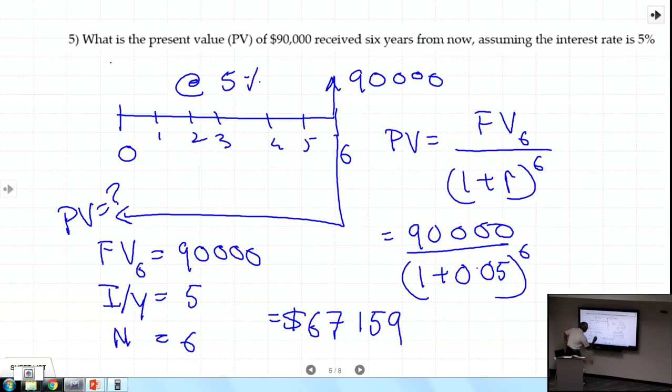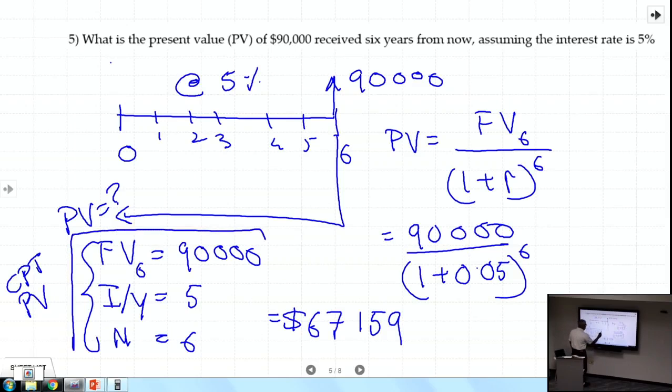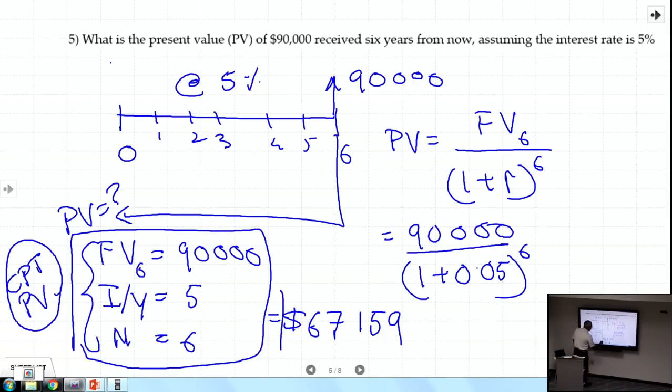What am I computing? From this, I'm computing present value. So now when you go back and revise your work, you will see that these were your inputs, this is the output, and that's your answer. So that would be a logical way of approaching problem solving in finance.